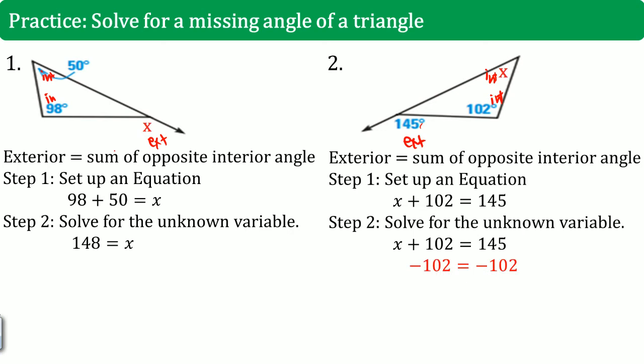Subtract 102 from both sides, you get x equals 43. This makes sense because if you draw it out, 43 plus 102 should get you 145 here. That matches up. Good.